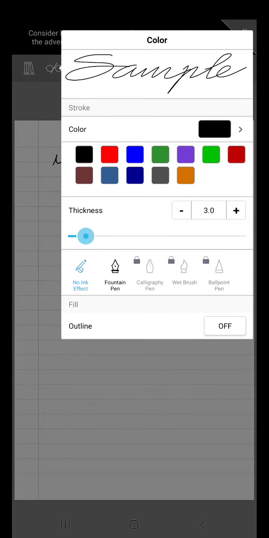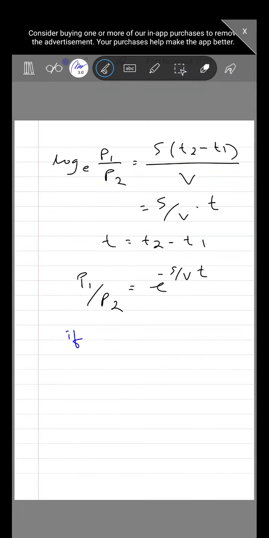Now if T is equal to V by S, the volume divided by the speed of the pump, then P1 by P2 is simply equal to 1 by e, which is equal to 0.37.